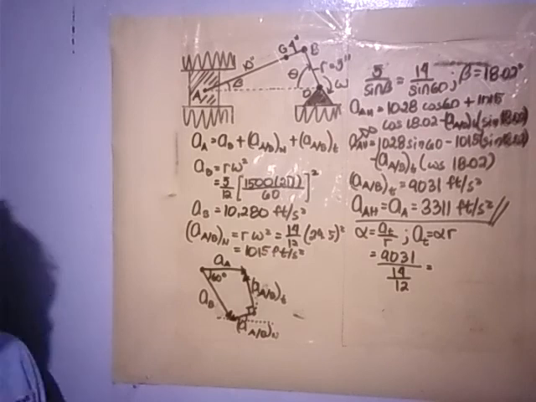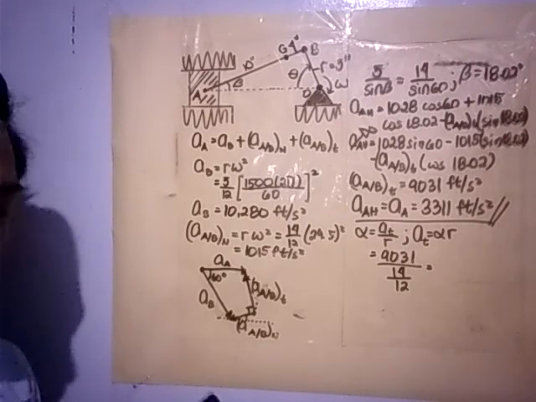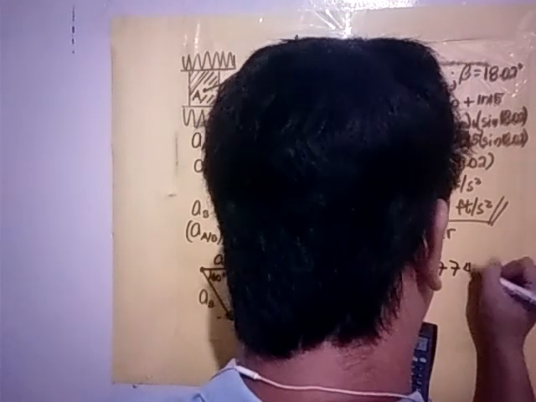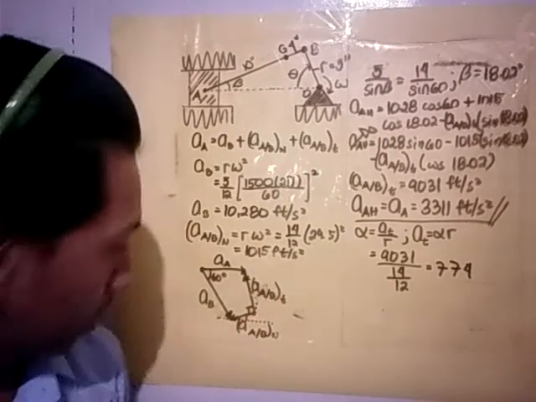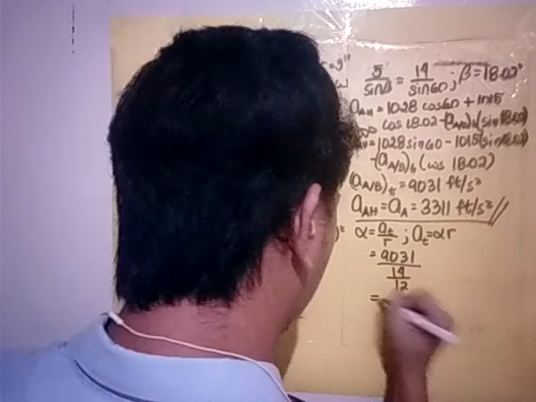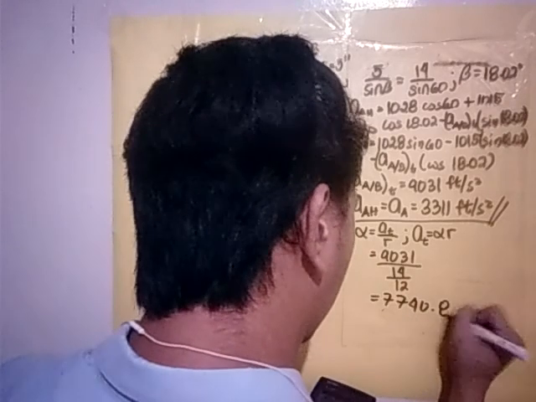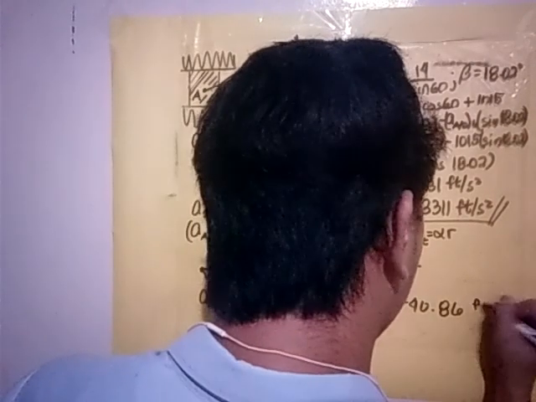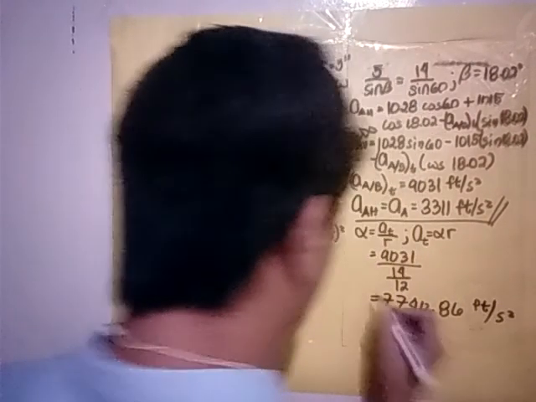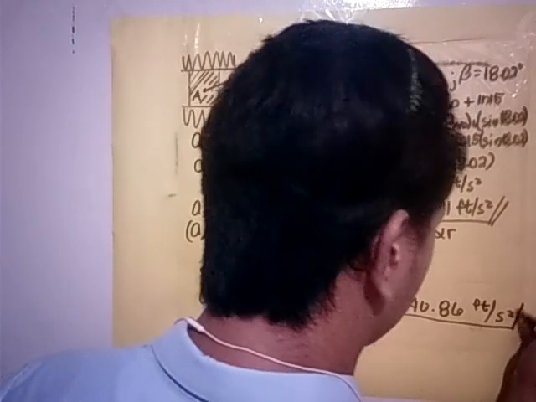So, makukuha natin ay 7,740.857, or simply 7,740.86 feet per second square. So, yan na yung ating angular acceleration nung ating rod AB.